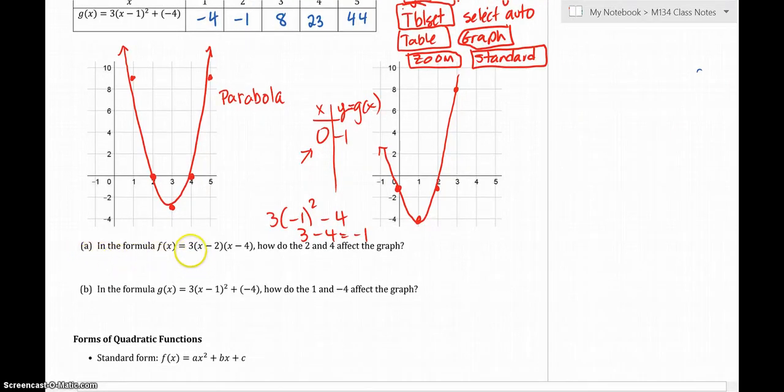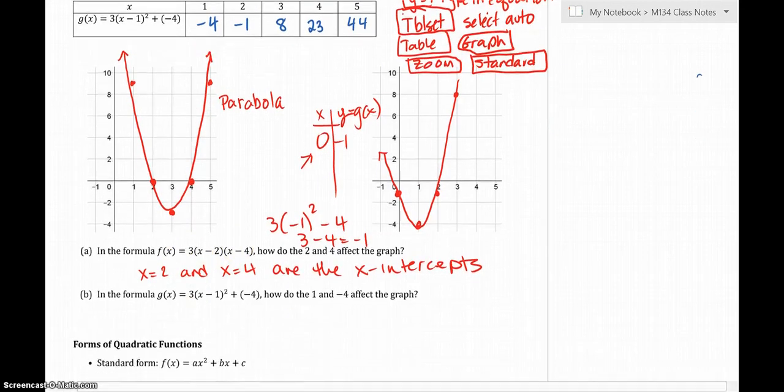So for part A, in the formula 3 times (x minus 2) times (x minus 4), how did the 2 and 4 affect the graph? So if you notice, they are the x-intercepts. The x equals 2 and x equals 4 are the x-intercepts.